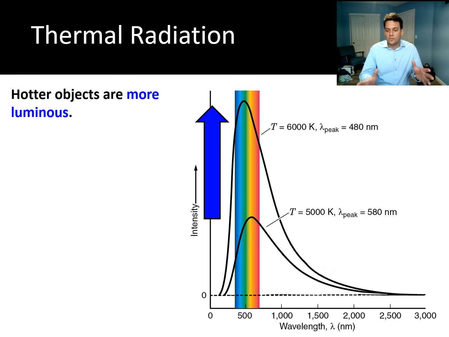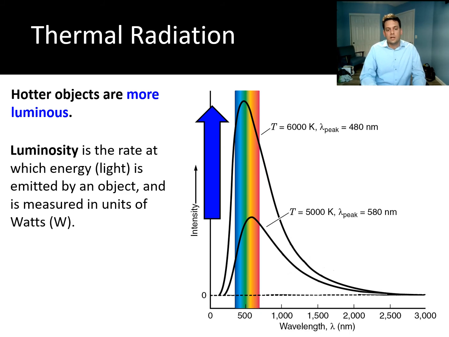So, to summarize what we've said, and to put it explicitly on the slide: hotter objects are more luminous, right? That just means they have more intensity. They're producing more energy every second. Luminosity, as a reminder, is the total rate at which energy, in this case electromagnetic energy or light, is emitted by an object.